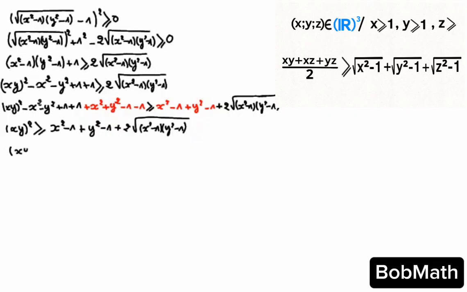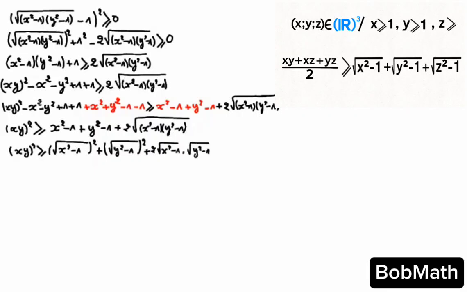Therefore, (xy)² is greater than or equal to (the square root of x² minus 1) squared plus (the square root of y² minus 1) squared plus 2 times the square root of x² minus 1 times the square root of y² minus 1.